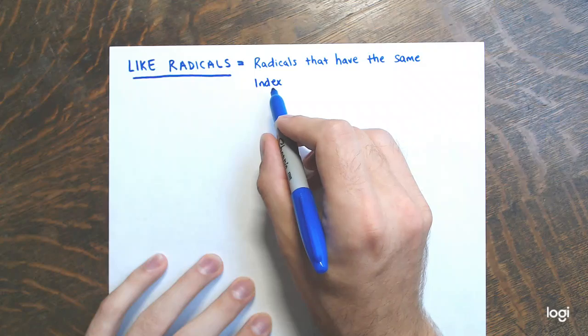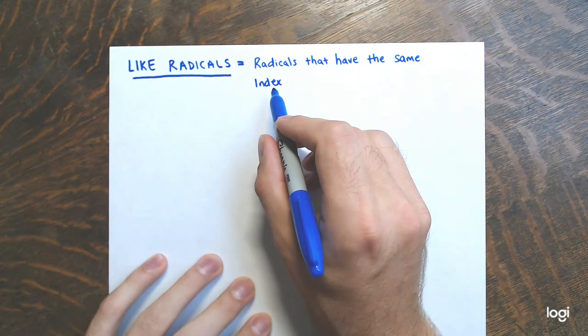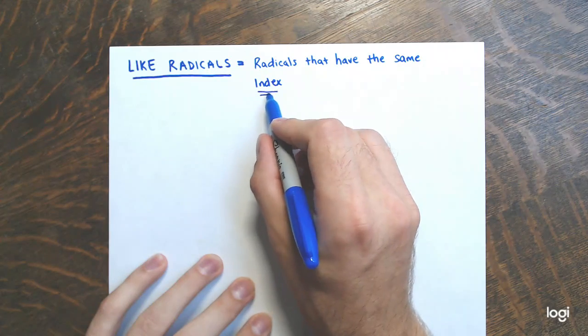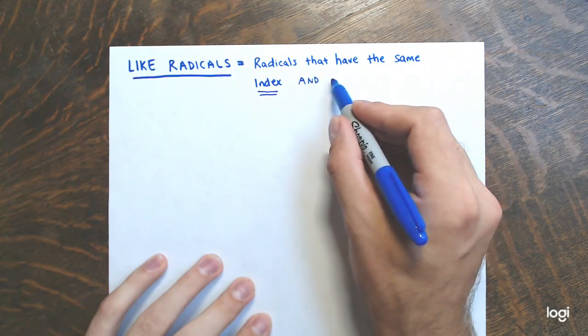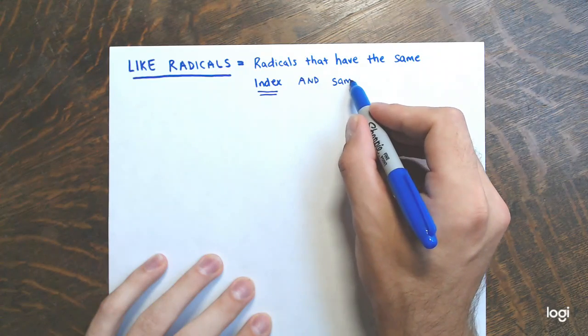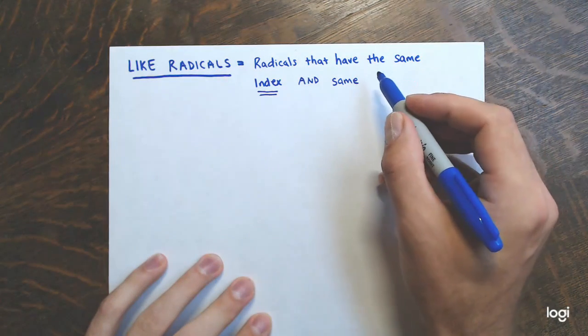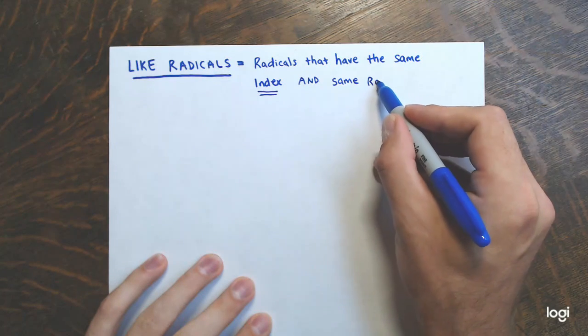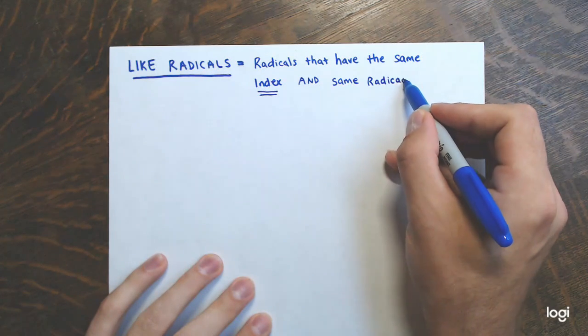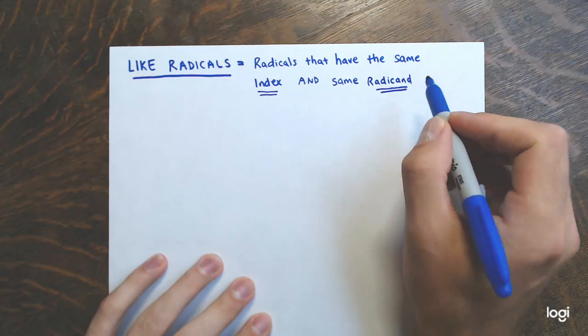So both of them are square roots, or both of them are cube roots, they have the same index, and the same radicand, the same expression inside the radical symbol. So both of these things.